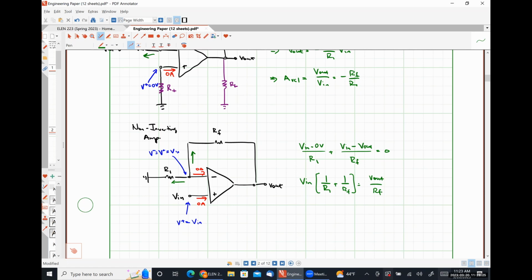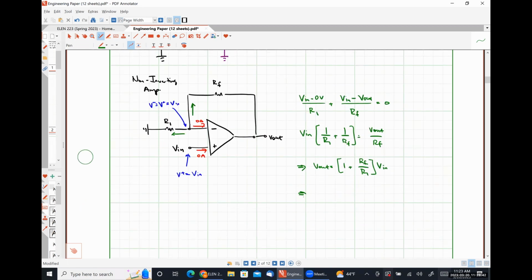Multiply both sides through by RF, and we get Vout is equal to (1 plus RF over R1) times Vn. And therefore we have a closed loop gain of 1 plus RF over R1.